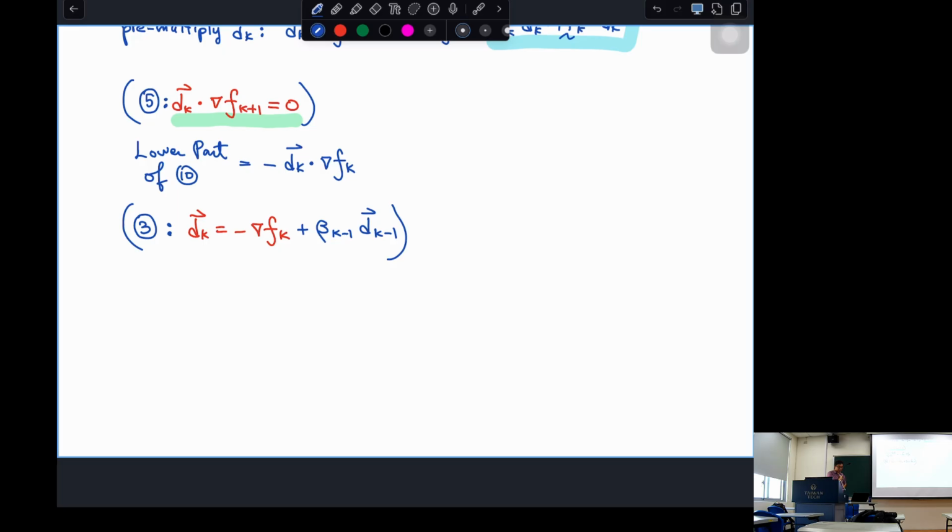So we can rewrite the lower part of 10 in the following form. Right? And let's expand the form.